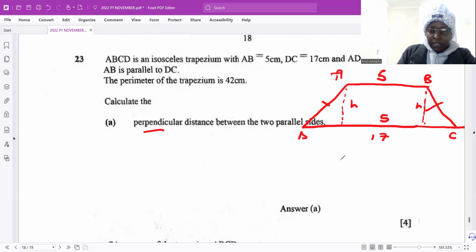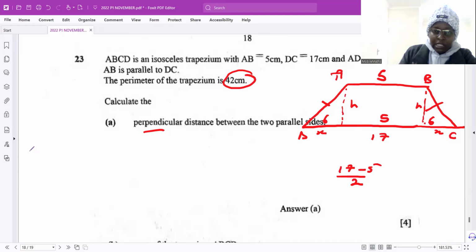So if DC is 17, I can find this place here. Since they are isosceles, I can say 17 minus 5 divided by 2. This is going to give me a 6. So this one is 6, this one is 6. Then we are also given that the perimeter is 42. So this side here, and this one here, let's call them Y and Y, since they are equal.